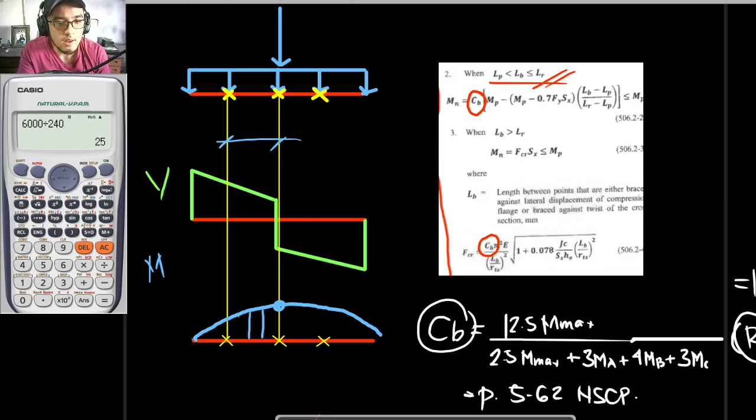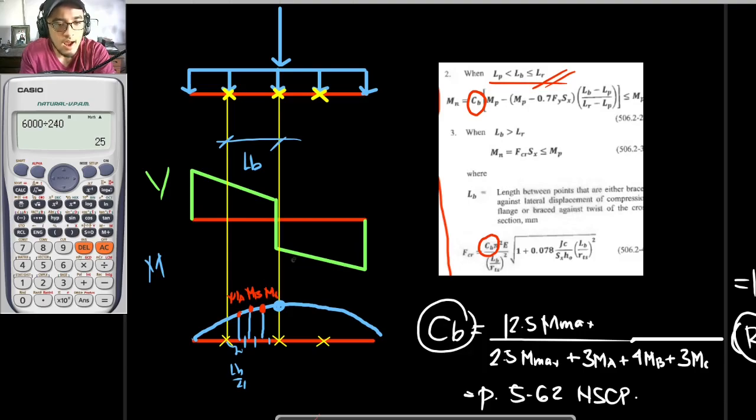So, for example, that this is to be LB. So, etong mga to, LB over 4, LB over 4, LB over 4, and LB over 4. Then, you would be getting these points right here. And these points right here is your MA, MB, and MC.